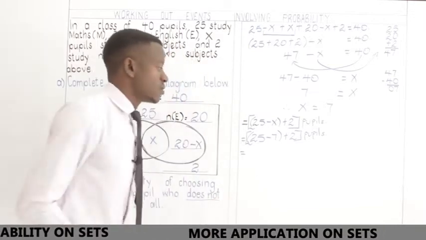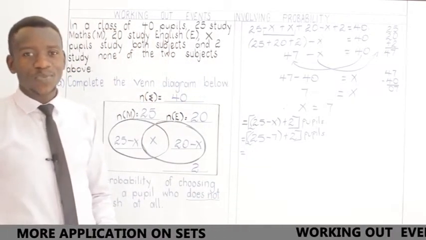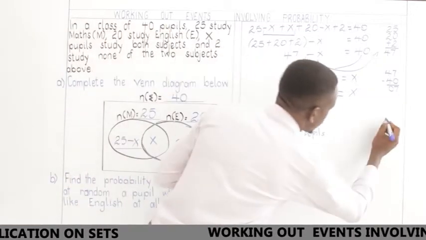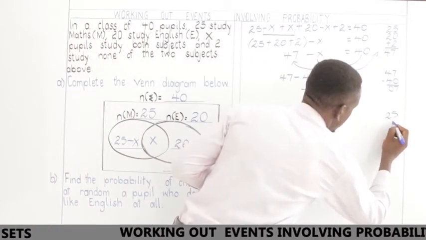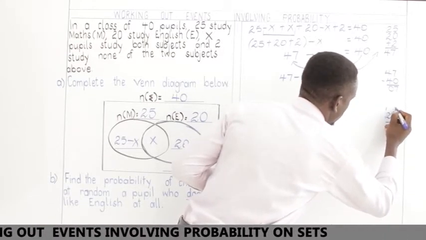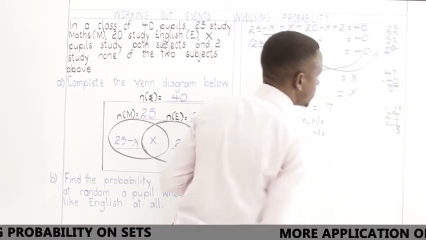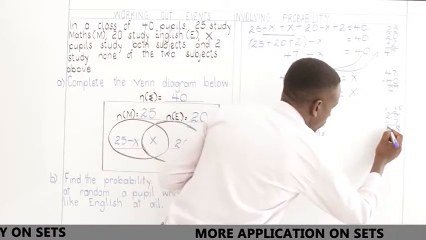So we shall have 25 minus 7. We borrow 1 here, and this one would be 15. So our answer here we shall have 8. Then here it will be 1.